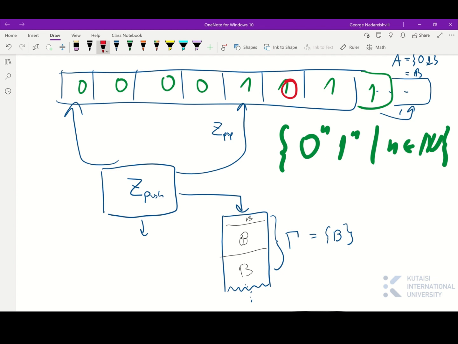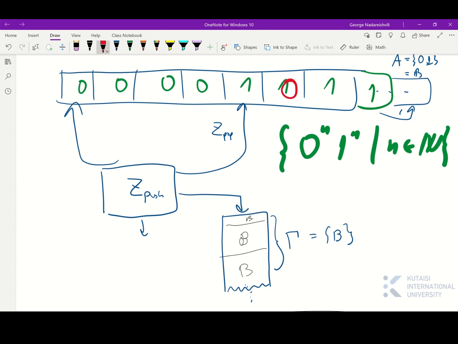With that logic, 0, 1, 0, 1 would be accepted because the stack will be empty, but it is not in the language. So what I should do is, when I see 0, I go to a pushing state. Then I see 1, I go to a popping state. But if I'm in a popping state and I see 0, I should reject. So there's some modification you should do.